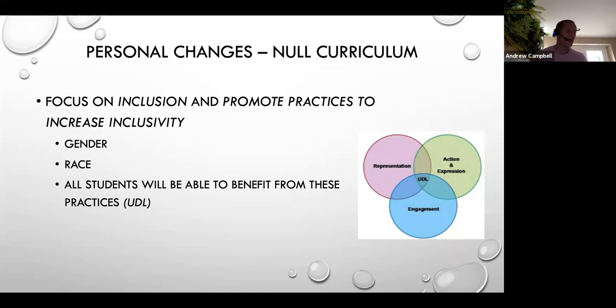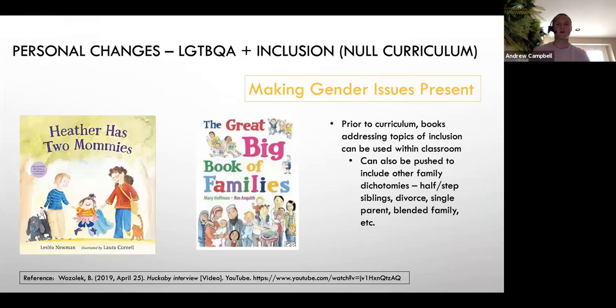When we focus on how can we be more inclusive for varying genders, how can we be more inclusive to students of different race, different religious beliefs, when we focus on that, all students can gain benefit from these. As you'll see on the next slides, we can talk about other issues that may arise with gender and race as the backdrop.